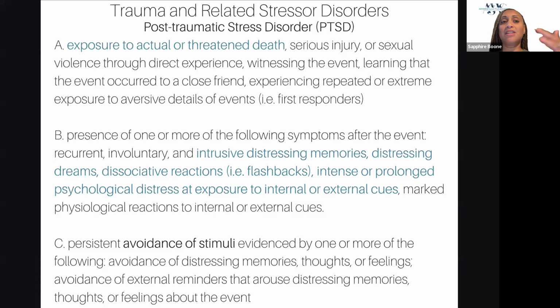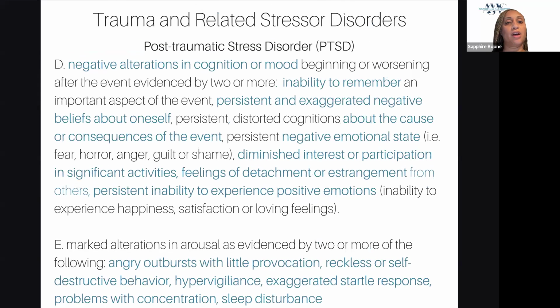You'll see that it is followed by a lot of things like intrusive, distressing memories, flashbacks. You're avoiding the stimuli. We saw that in the scenario. It might impact your mood or cognition, your ability to remember. You might also have diminished interest in participating in things that you used to participate in before.